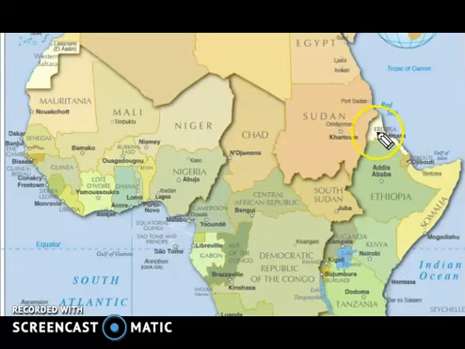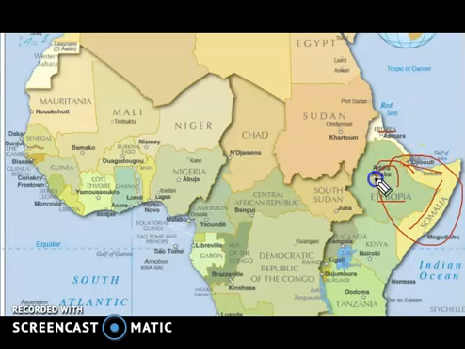Okay, now this is Eritrea, this is Djibouti, here it is Somalia and Ethiopia. These four countries are together called the Horn of Africa due to their ethnicity and culture. Ethiopia is a country that is completely landlocked, it does not touch any water body. Djibouti is strategically very important because here it is the Red Sea and here it is the Gulf of Aden.